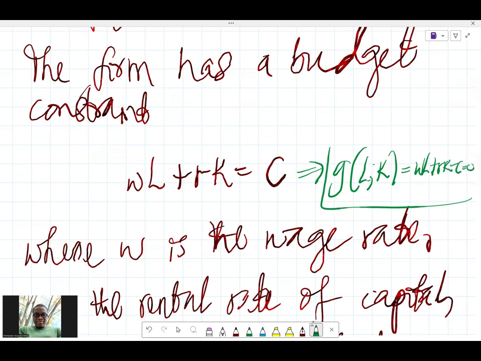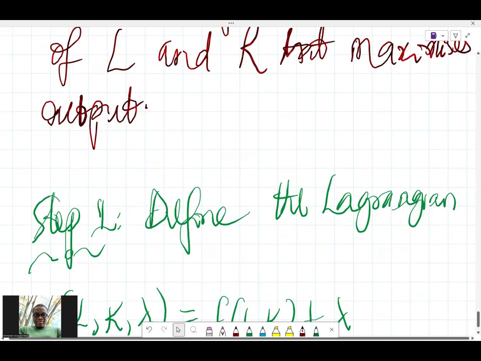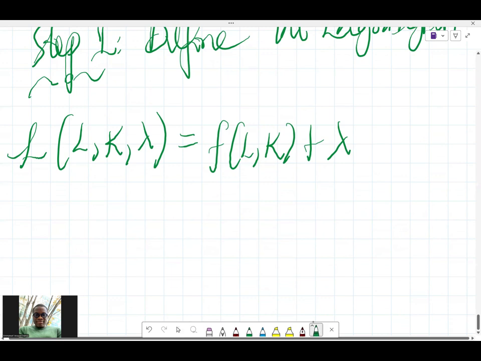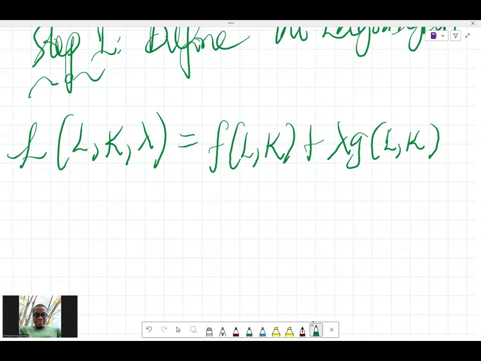So this is f of L comma K plus lambda g of L comma K. When you put the objective function and the constraint together using the Lagrangian multiplier, that is what is called the Lagrangian. This is the Lagrangian.